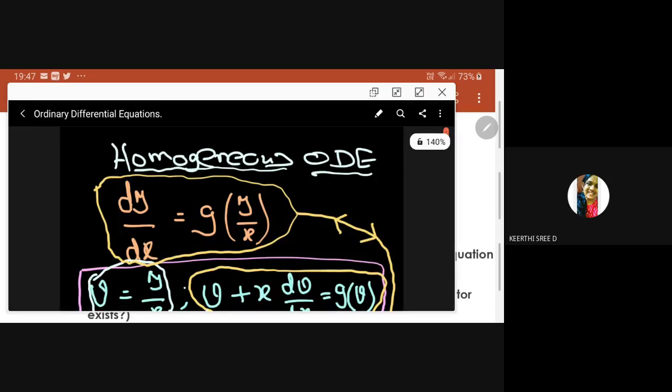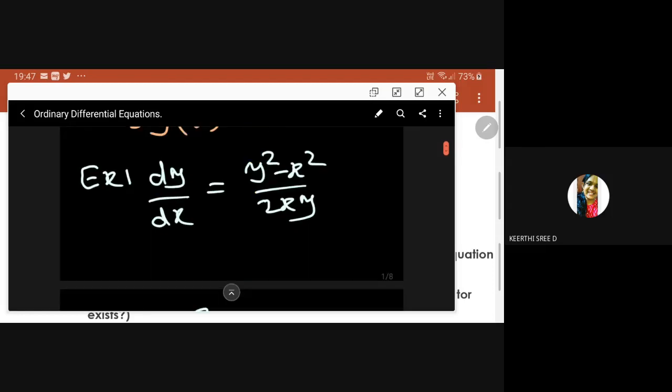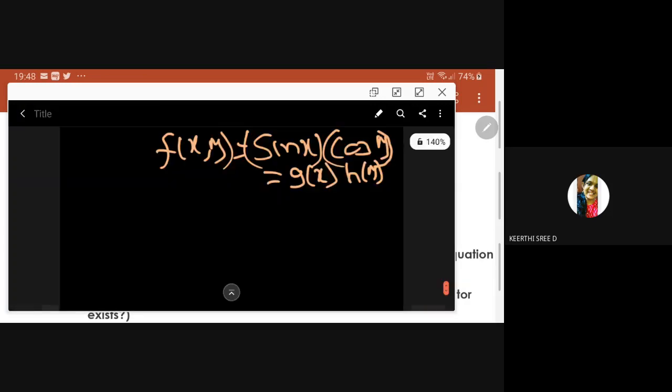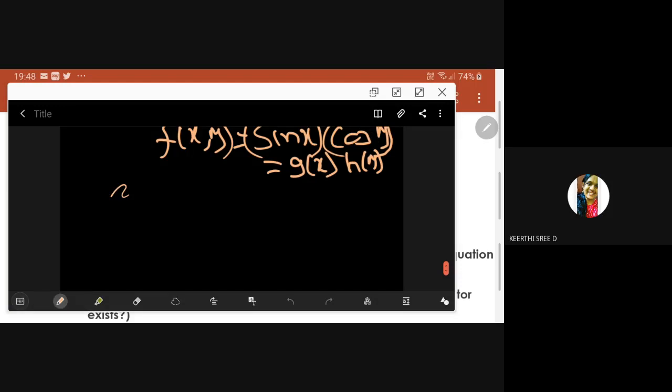So see here, I give some examples. The example is something like this. dy by dx is equal to y square minus x square by 2xy.